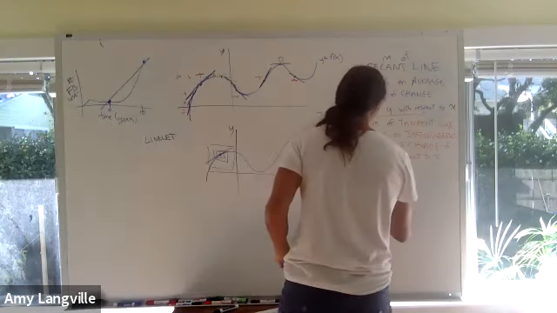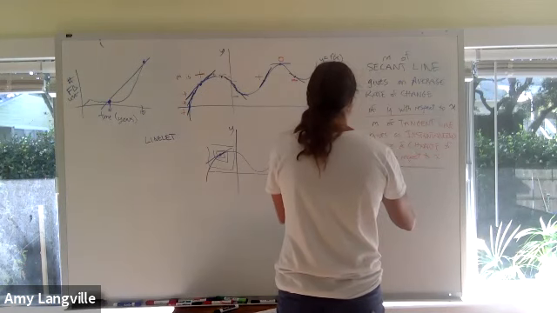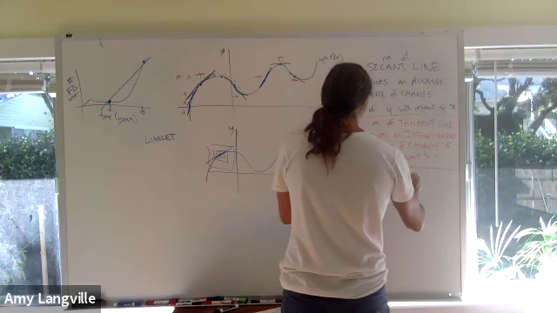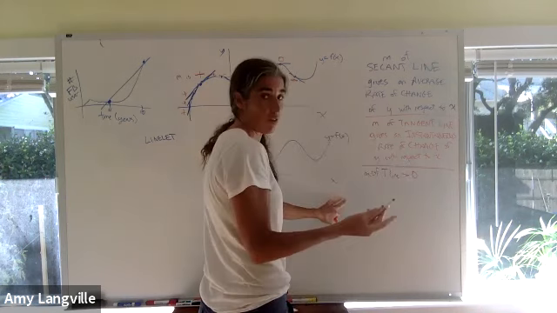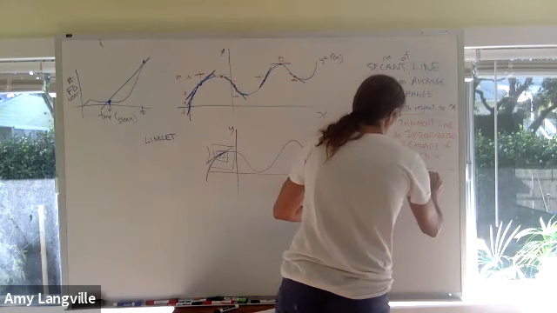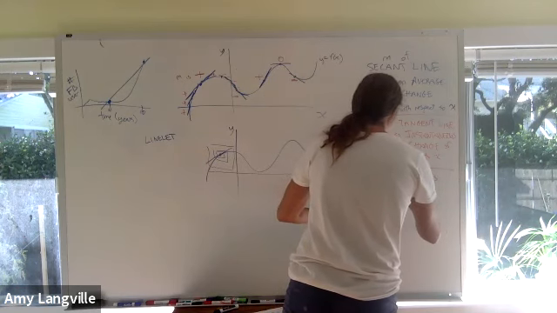It also has to do with the tangent line. If the slope of the tangent line is greater than 0, so positive, what can we say about the function? The function must be increasing.